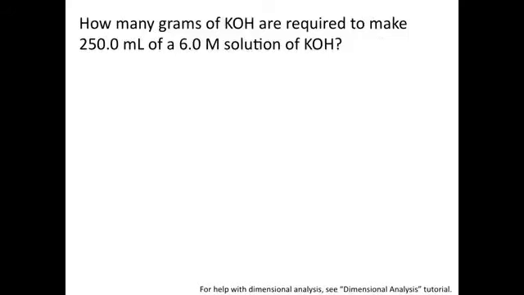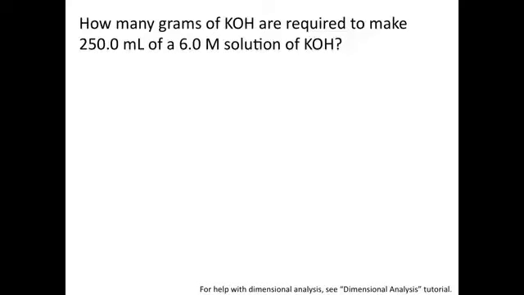Another example: how many grams of potassium hydroxide are required to make 250 milliliters of a 6.0 molar solution of potassium hydroxide? Remember, 6.0 molar is the same as 6.0 moles per liter.